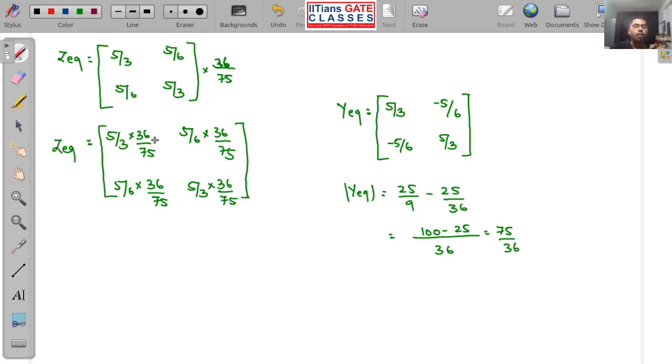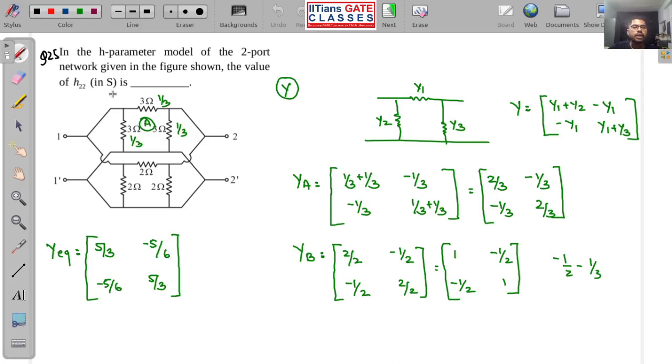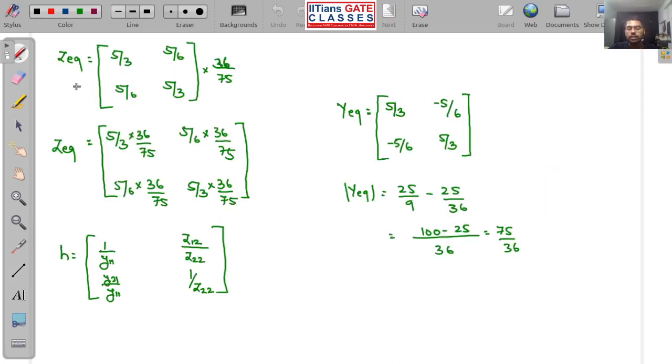I have already told you the relationship between H, Y and Z parameters. So the H parameter is equal to 1 by Y11, Z12 by Z22, and Y21 by Y11, 1 by Z22. We need to find H22.